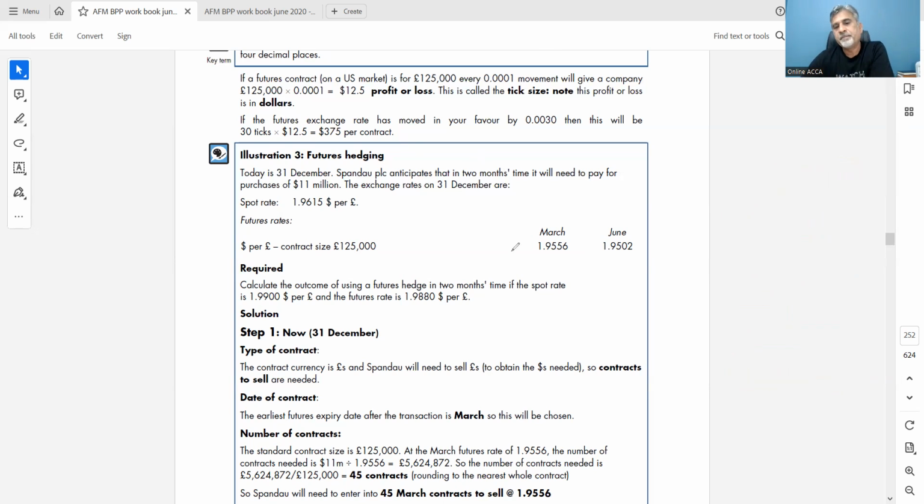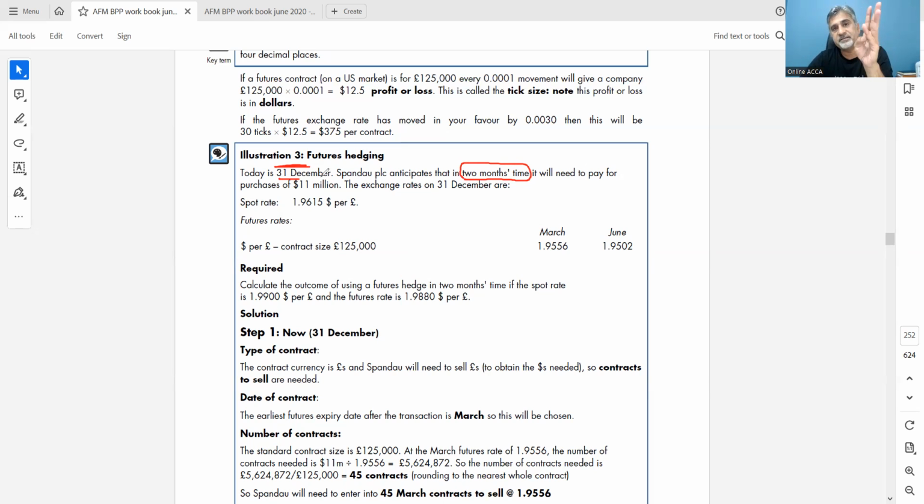Now, what is given? Either I take this one, March, or I take the June. The rule is that the date which is immediately after the transaction date you have to pick up. After, not before, after the transaction date. So for example, when do you have to pay? This is 31st of December, and you have to pay in 2 months' time. So December is already gone, January and February.